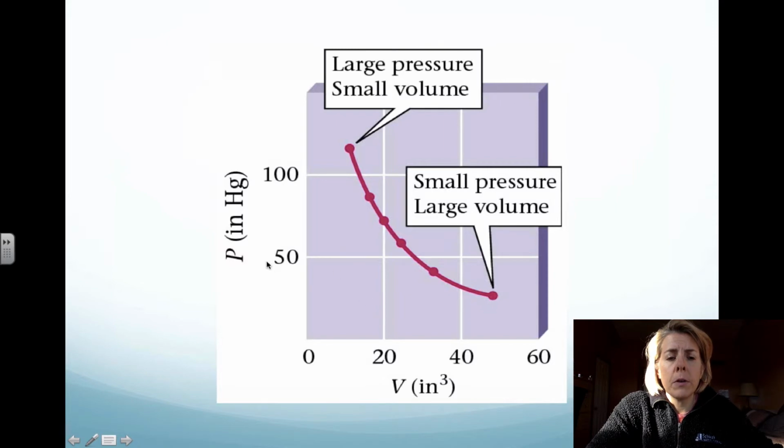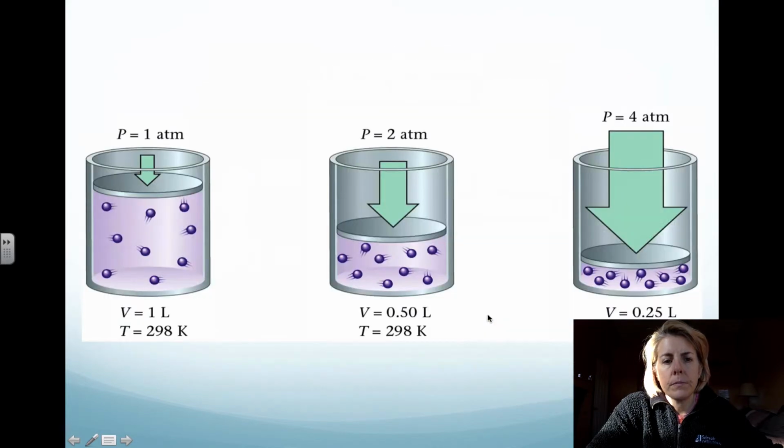When we graph pressure versus volume, we actually get a downward curve that is inverse. As you increase pressure, the volume decreases. As you decrease pressure, the volume increases. So there's what we call an inverse relationship, and this is what Boyle observed in the lab. He found that when you have 1 liter of gas, you have 1 atmosphere of pressure.